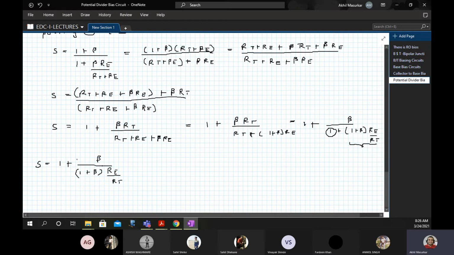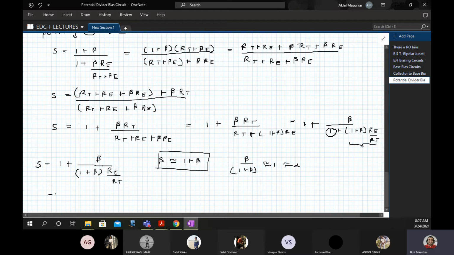Now if you look at this thing, beta upon 1 plus beta is almost equal to 1 only, because that value is alpha and alpha is almost equal to 1.